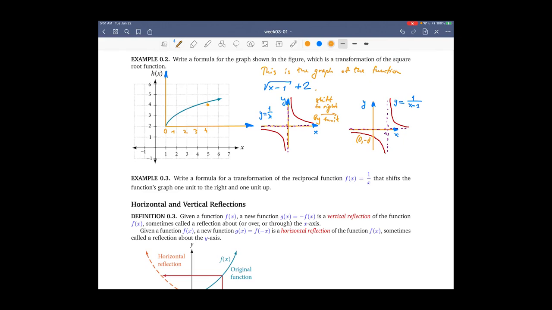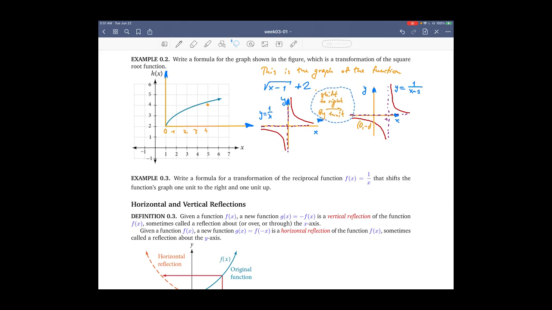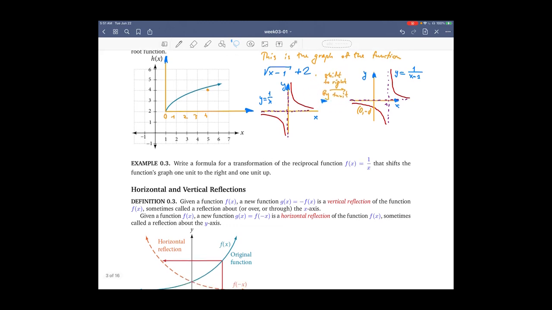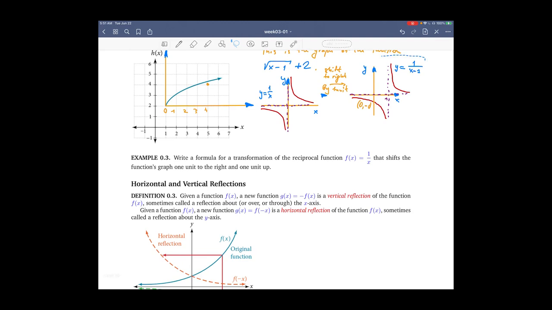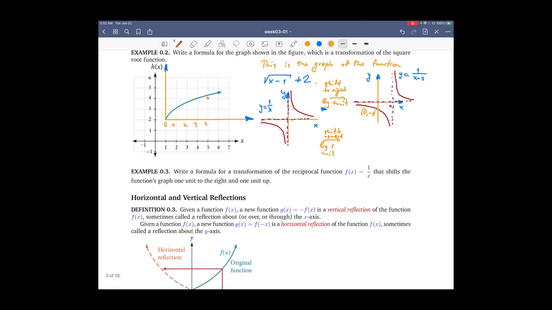Now finally, let us apply the other transformation, which is shifting this graph 1 unit upward. Shift upward by 1 unit. This time, the horizontal asymptote shifts.